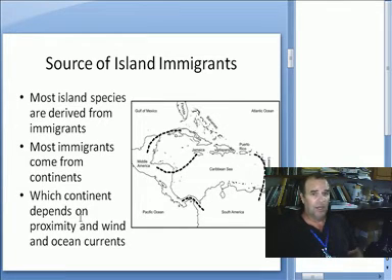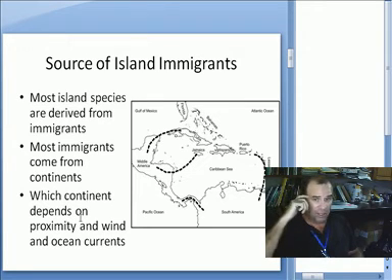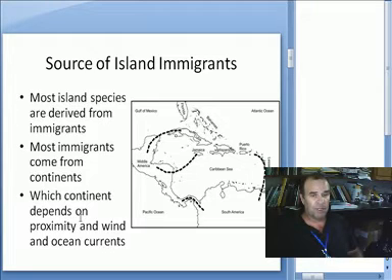But most island species are derived from immigrants, and most of those immigrants come from continents, although they can come from other islands in a stepping stone sort of arrangement, which is probably what happened with the Lesser Antilles in the past. But most immigrants ultimately come from continents.